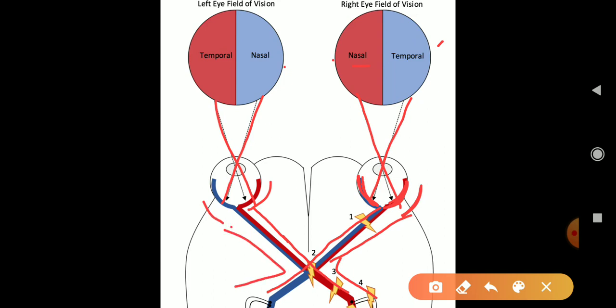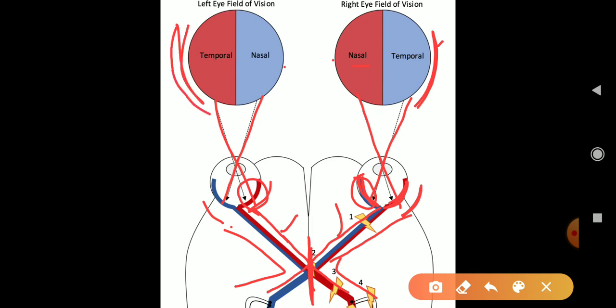But if the tumor causes compression of this area, what happens? These tracts fail to conduct the message. So this area will not conduct, and this area also cannot conduct the message to the cerebrum. So this portion cannot see and this portion cannot see.